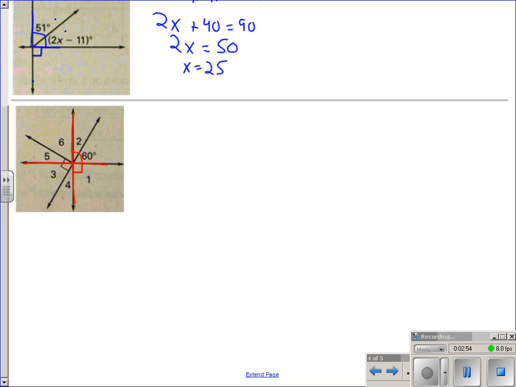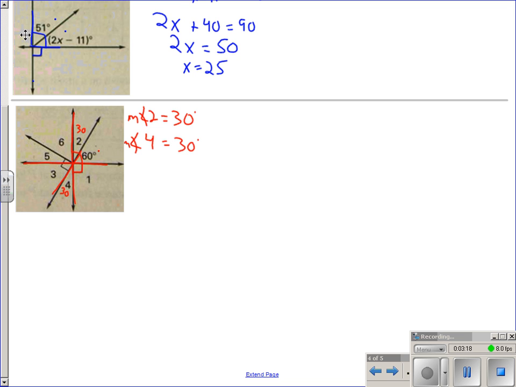So if this is 60 degrees here, angle 2 has to be 30 degrees. Now, angle 2 and angle 4 are vertical angles, so the measure of angle 4 is also 30 degrees.